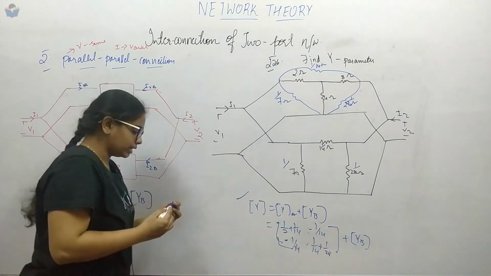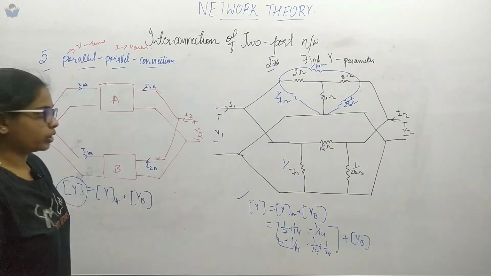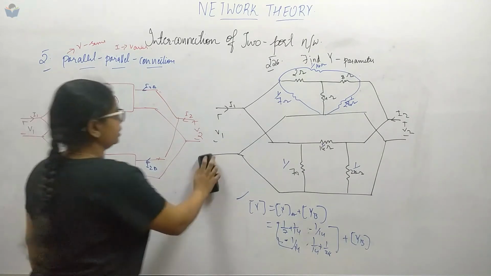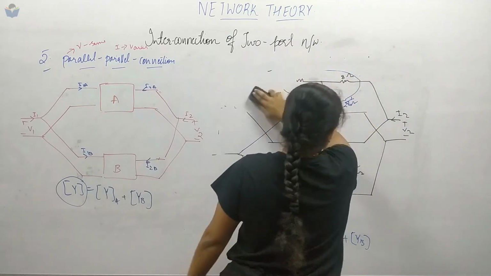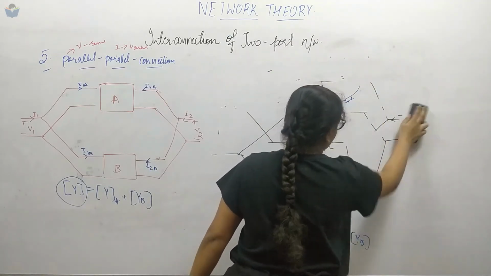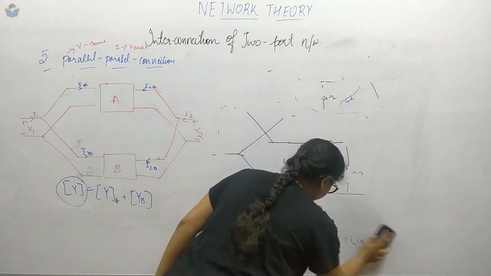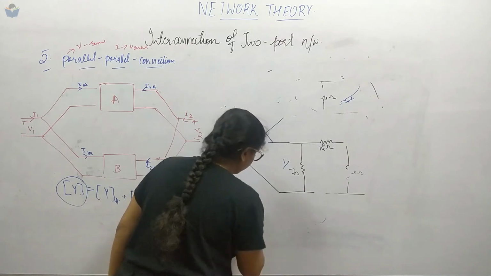So now we will see the third type of connection, that is cascade connection. I'll just rub this one out so that it will be easier, since we will not solve the cascade or tandem question based on that question. Cascading is like you have seen in control systems.